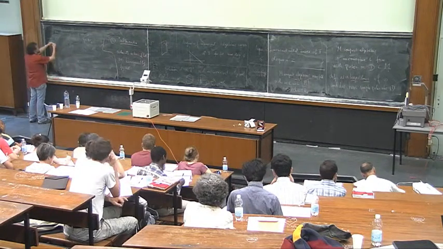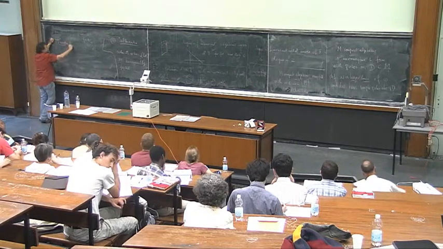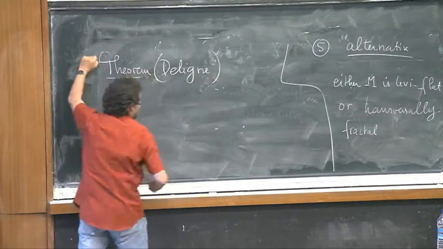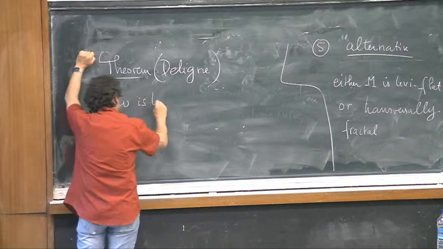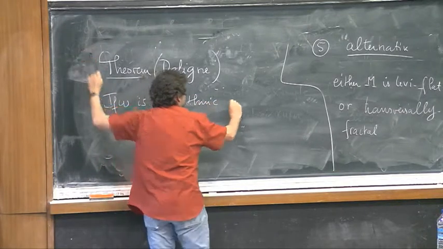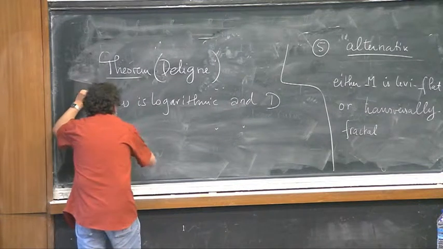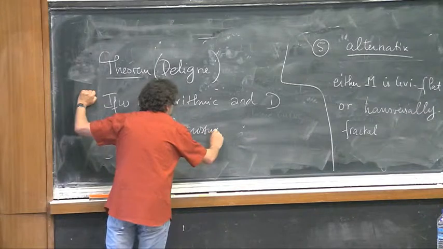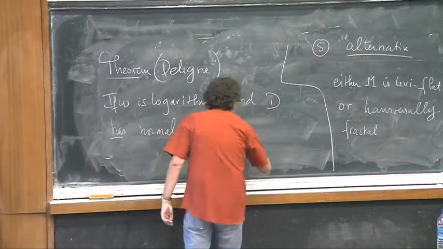Theorem. If omega is logarithmic and D has normal crossings, like in my definitions, that means that singularities of D are of this type.